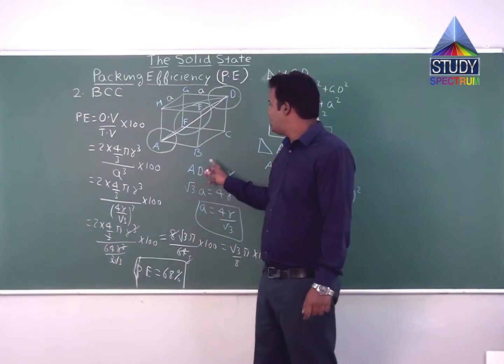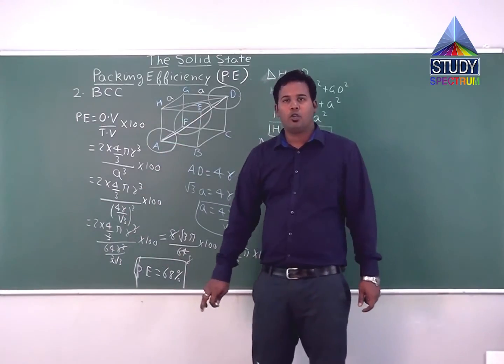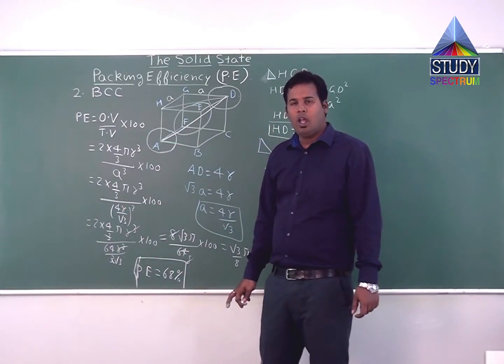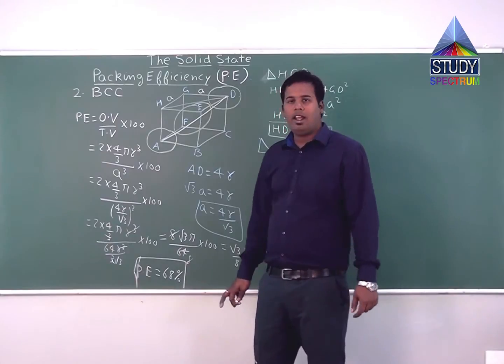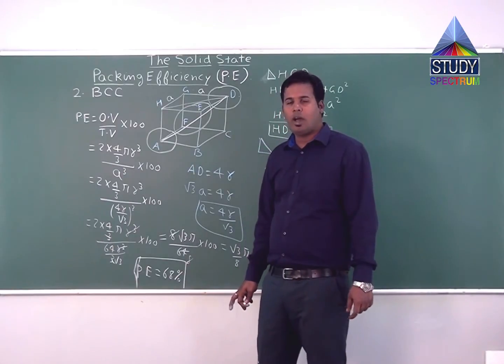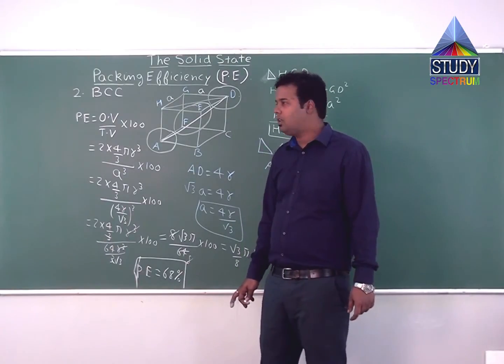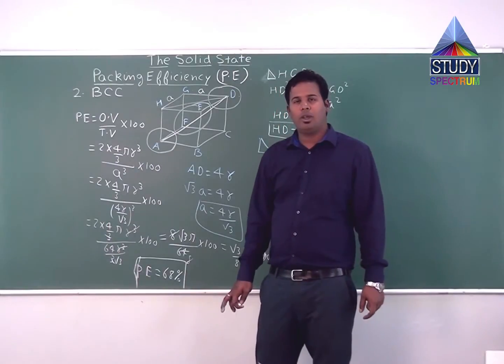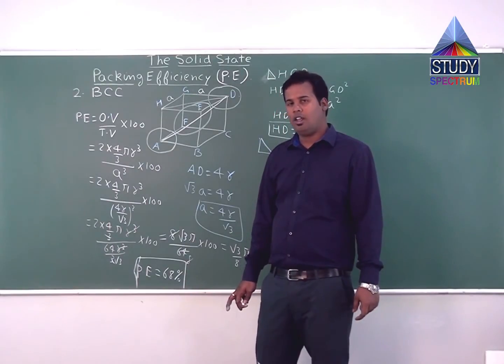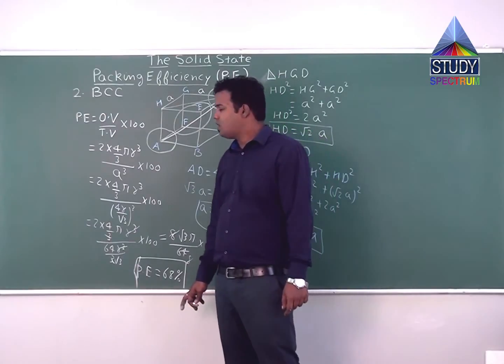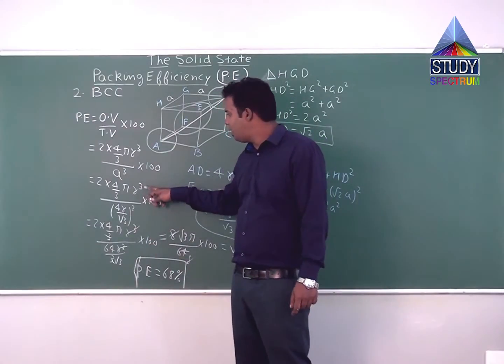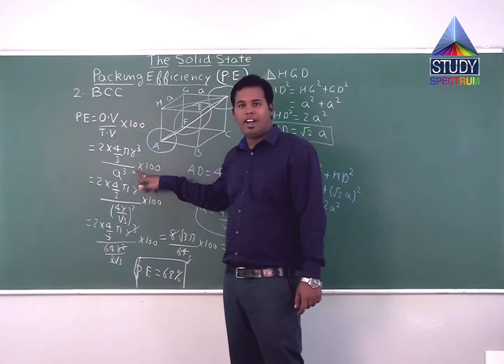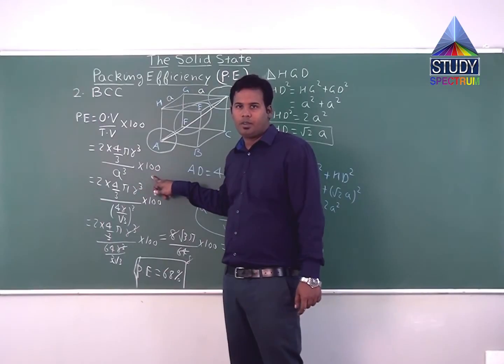Correct? Now since I have used small a to represent the edge length of this cube, and since the length, breadth and height of this cube are equal, the volume of this cube becomes a into a into a, or a cube. So packing efficiency finally becomes 2 into 4/3 pi r cube divided by a cube into 100. Correct?